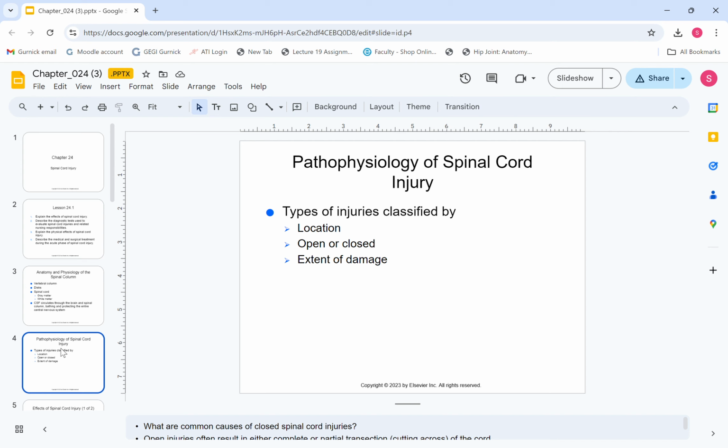For instance, I might say that you had an injury at C4, and that would be a neck injury at that C4 spinal bone, also the C4 nerve tract. So we can say it's at your C4, maybe your T4, maybe your S2, right? The C stands for cervical, so those will be bones and nerves in your neck.